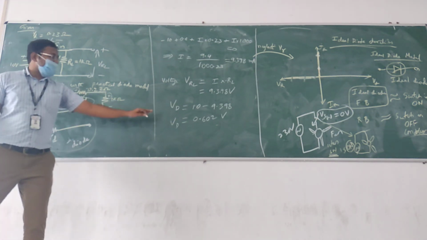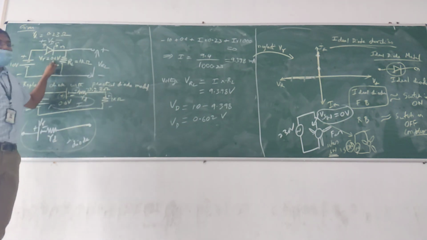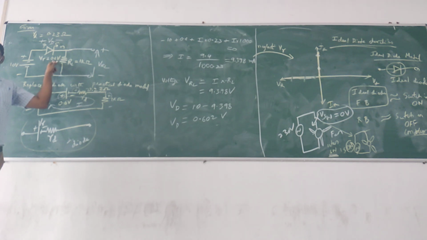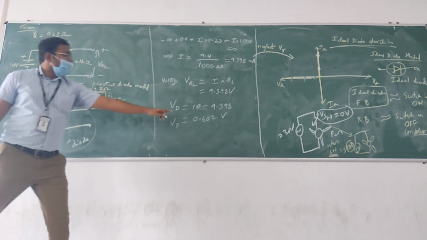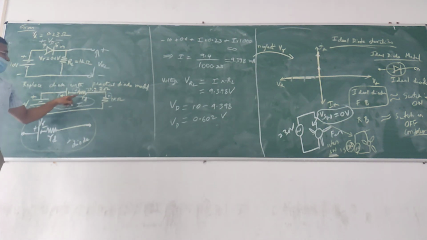Why is it 0.602? Actually 0.6 is due to V gamma, and the additional 0.002 you get because of some drop here, because of the diode resistance. Clear?